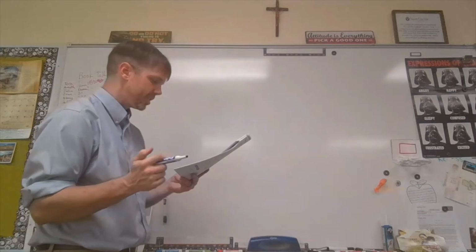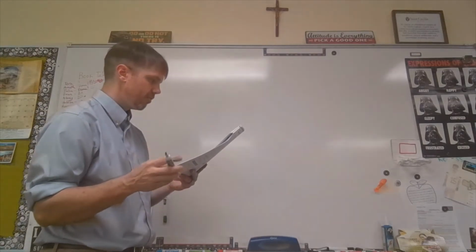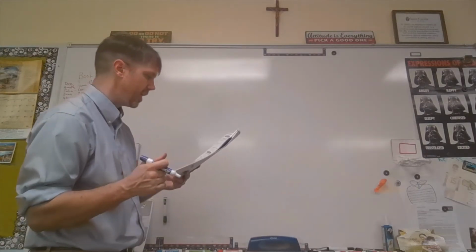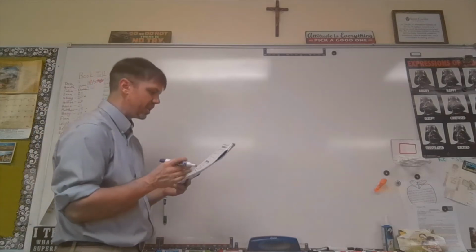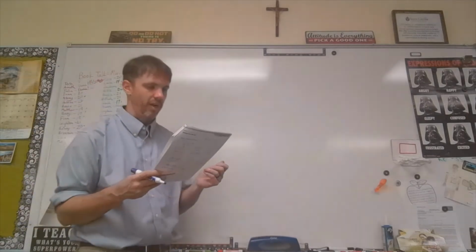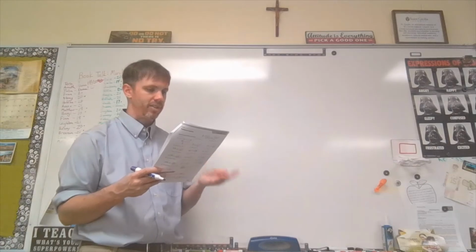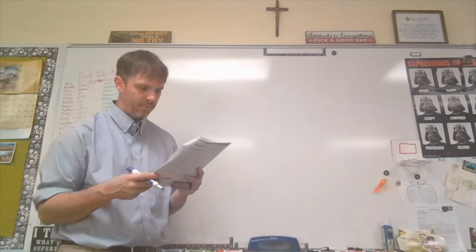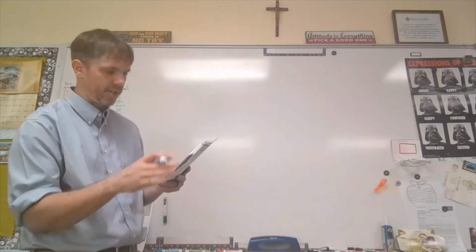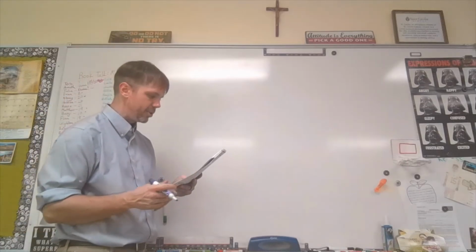So let's take a look at, first of all, number 1A, B, and C. It gives you this: Tommy's basketball scoring record is shown for the month. What was the average number of points he scored per game? So it gives you all the games and all the points that he scored. And then you just have to add those up.